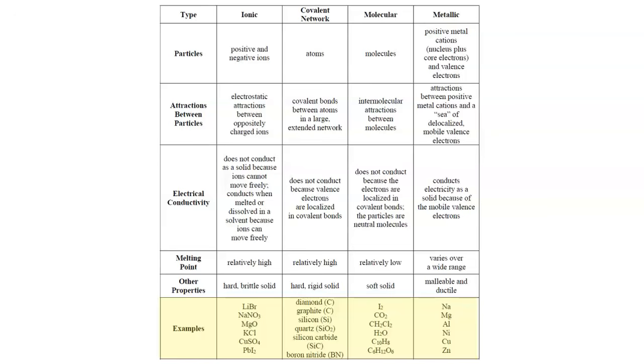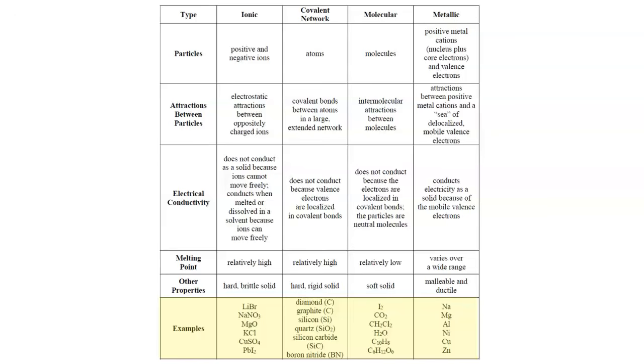Starting with an ionic solid, we have lithium bromide, sodium nitrate, magnesium oxide, potassium chloride. What you're looking for is typically a metal and a nonmetal, or something you recognize to be a positive ion and something you recognize to be a negative ion. There could be some polyatomic ions like nitrate or sulfate in that formula.